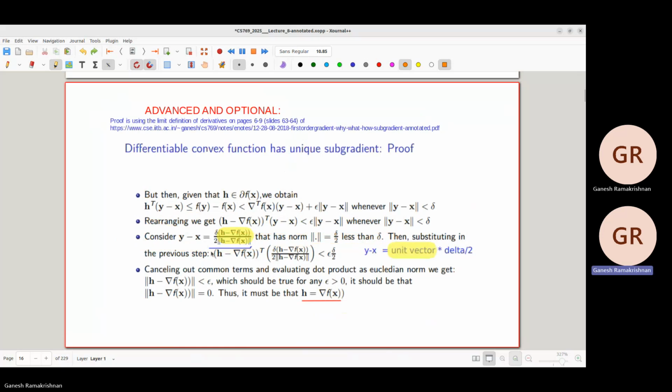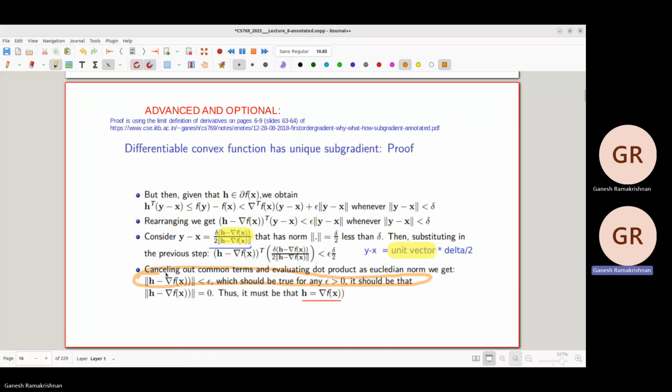Then we substitute for that. And when you cancel out the common terms, what do you get finally? You get that h minus gradient of f of x should be less than epsilon for any epsilon greater than 0. This is the key. Now, if it has to be less than epsilon for any epsilon, then they have to be the same.